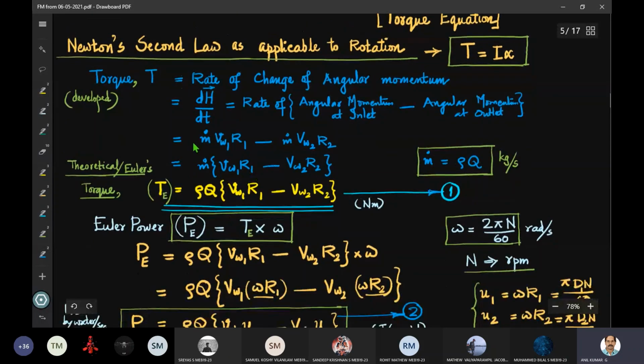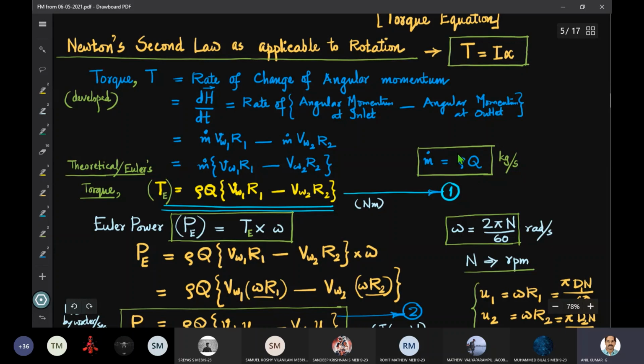So it is m dot Vw1 R1 minus m dot Vw2 R2. Normally we write the mass flow rate as rho a v, but this time you can write it in terms of volume flow rate, expressing the area into the effective velocity. So Q is the discharge or volume flow rate in meter cube per second in SI units, and rho is the mass density of the fluid.